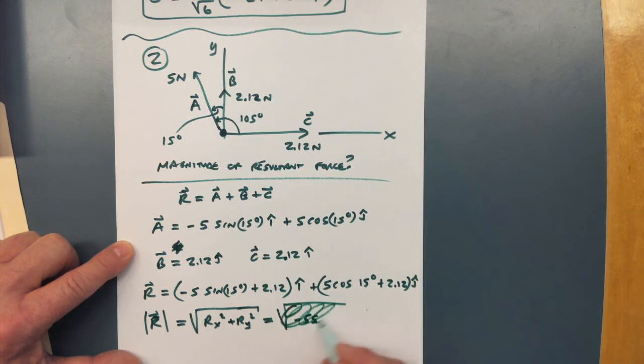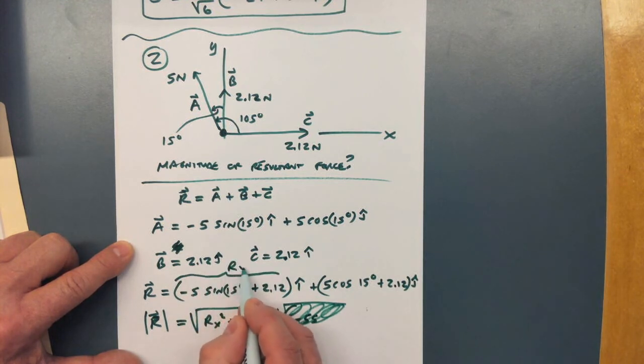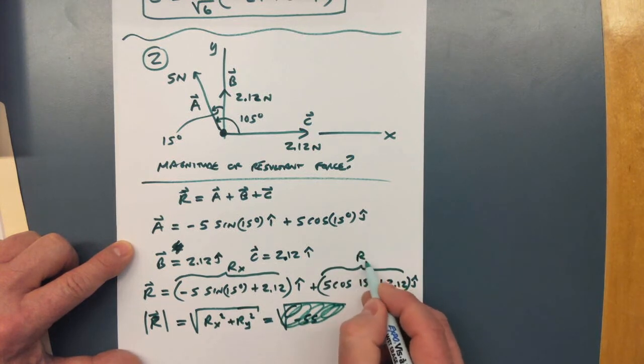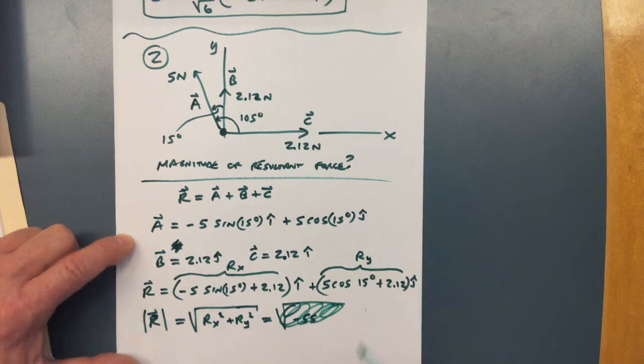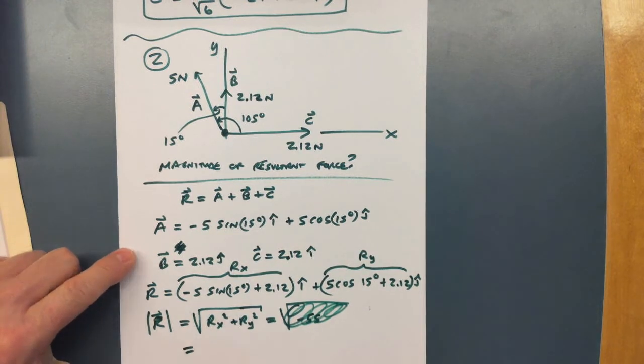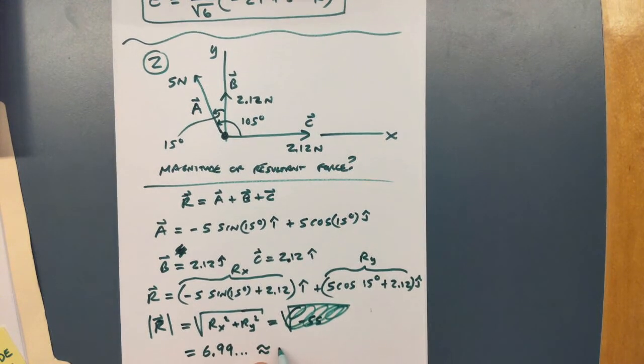Rather than writing that out, I'll just say that this first term is what I called rx, the scalar value of r in the x direction, and the scalar value of r in the y direction. We square those, add them together, take the square root, we finally get 6.99 and so on. And I think the multiple choice answers included a value of 7 newtons.